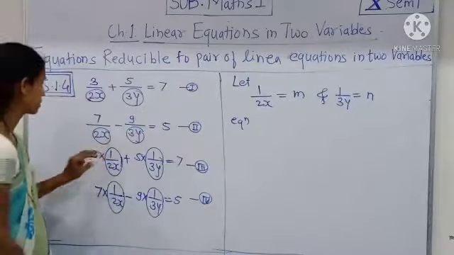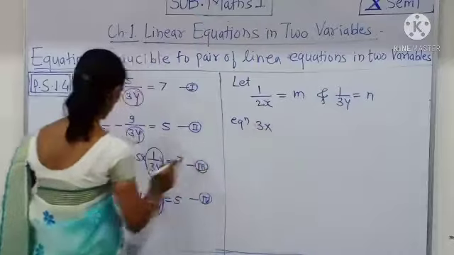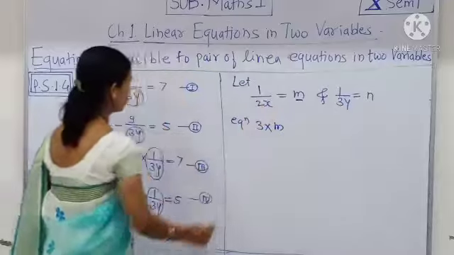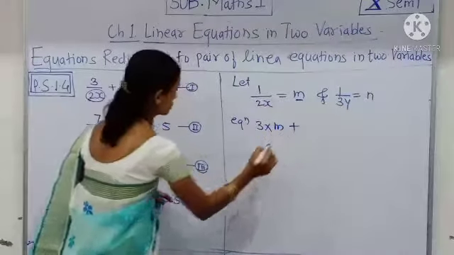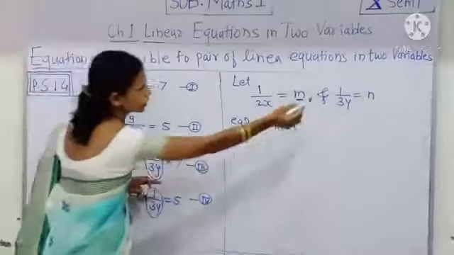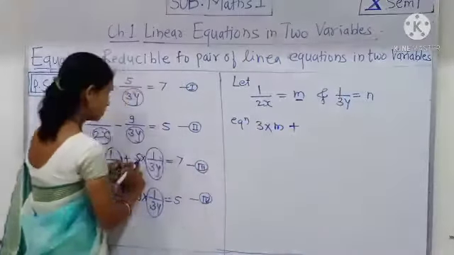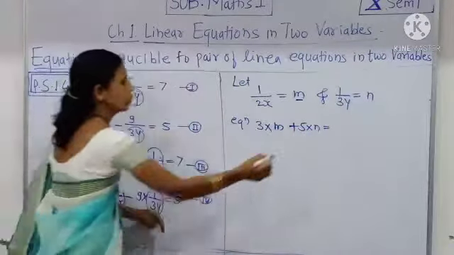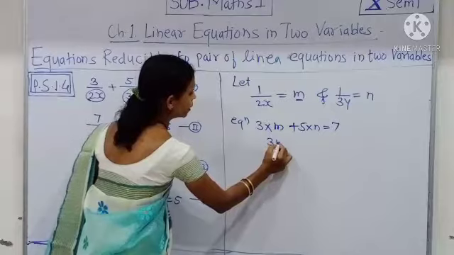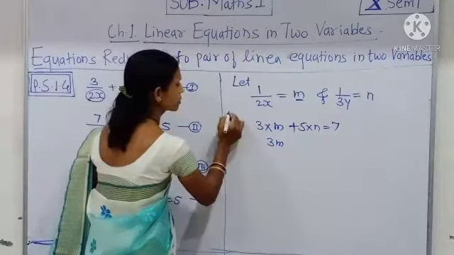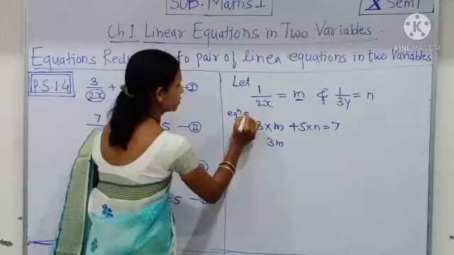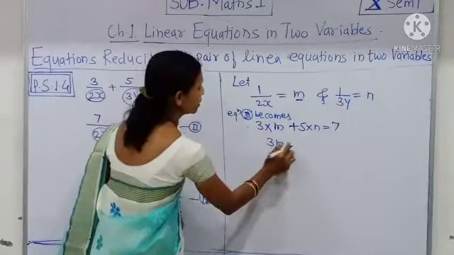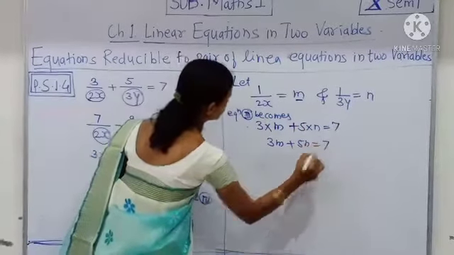Equation 3 becomes 3 into m, since m is considered for 1 upon 2x, plus 5 into 1 upon 3y, for which n is considered. Therefore, 5 into n is equal to 7. That means equation 3 becomes 3m plus 5n is equal to 7.